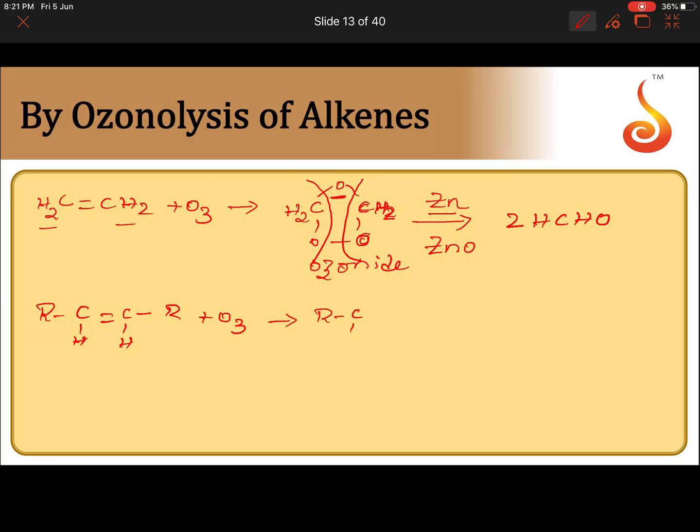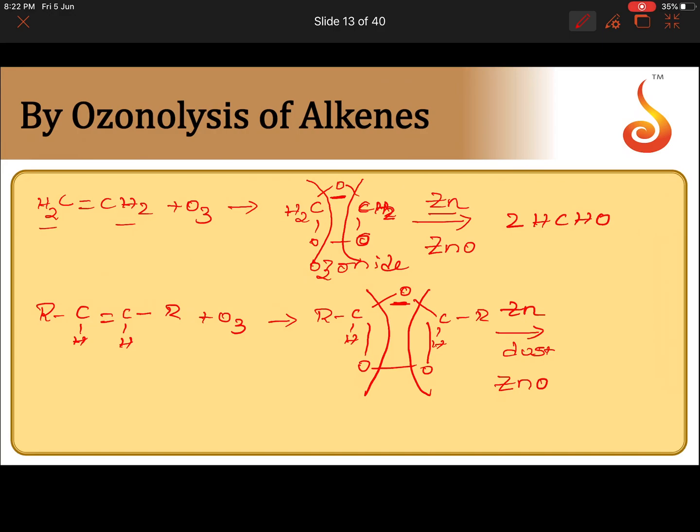I will get ozonide. This is ozonide. This ozonide when treated with zinc splits the bond like this. This oxygen will go with zinc as zinc oxide.